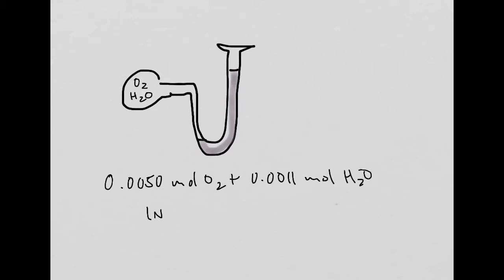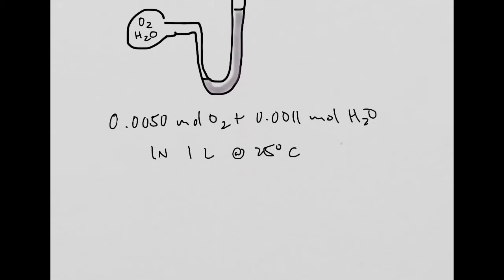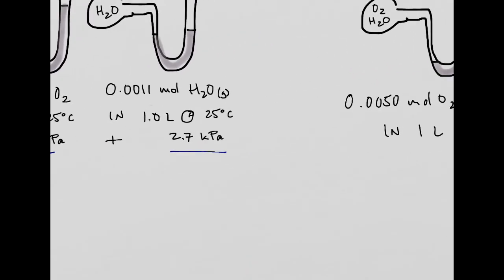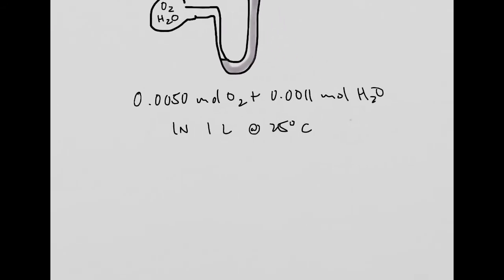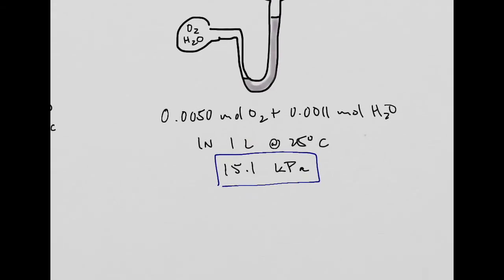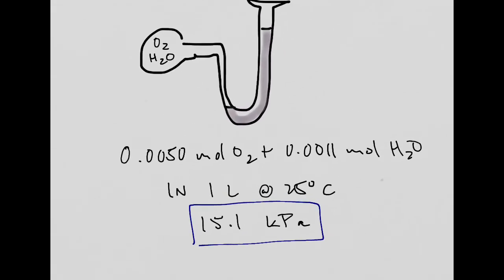This would still be in 1 liter at 25 degrees C. And if we take 12.4, add that to 2.7, we get 15.1 kilopascals. And that is exactly how much pressure would be exerted on the container. Just adding together those things.